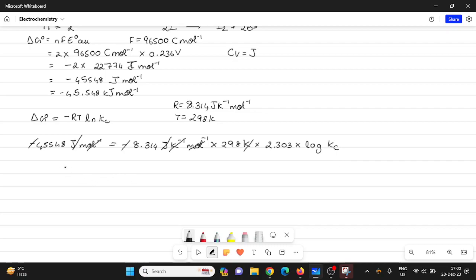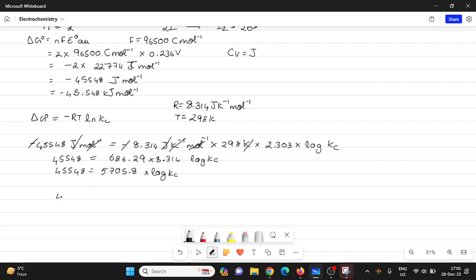Now 45548 equals, let's start simplifying this. 298 into 2.303 is 686.29, into 8.314 log Kc. When we multiply, we get 5705.8 into log Kc.